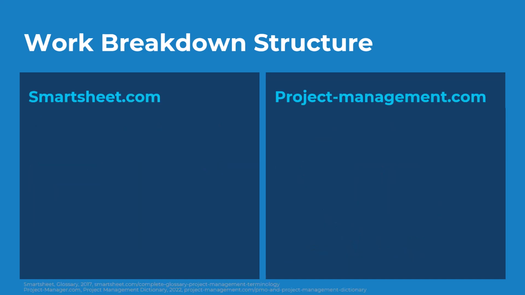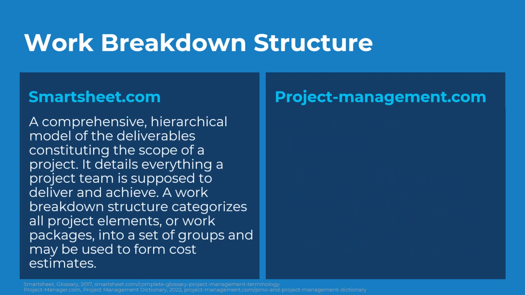Let's take a look at what Smartsheet has to say about that. It is a comprehensive hierarchical model of the deliverables constituting the scope of a project. It details everything a project team is supposed to deliver and achieve. A work breakdown structure categorizes all project elements or work packages into a set of groups and may be used to form cost estimates.